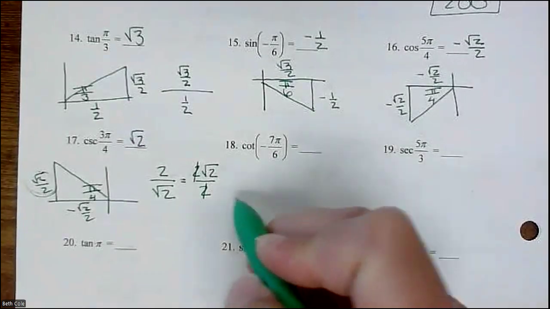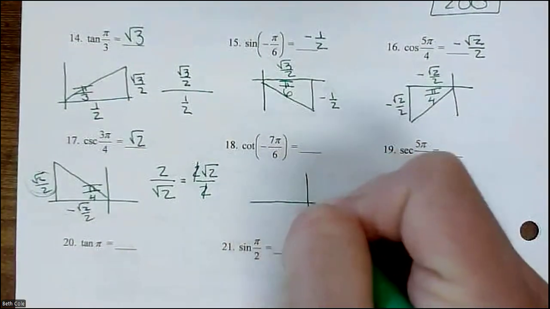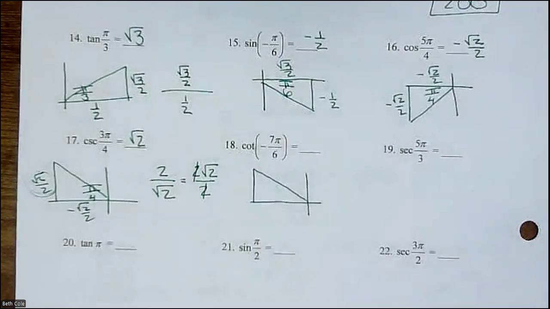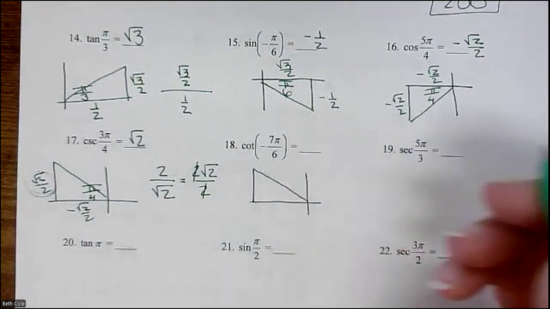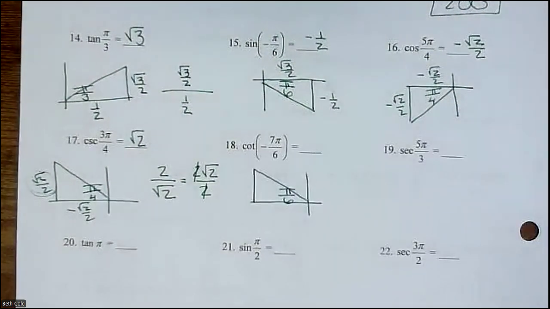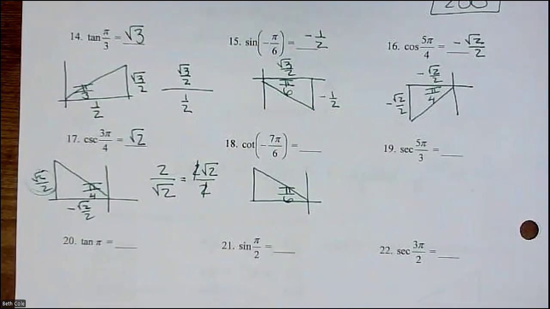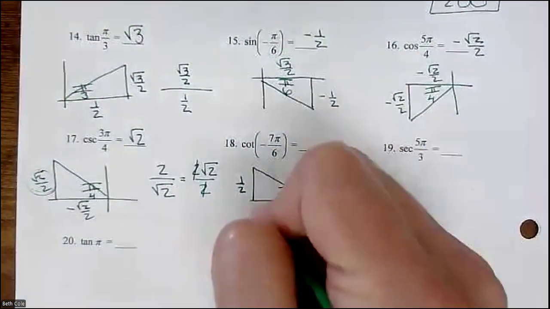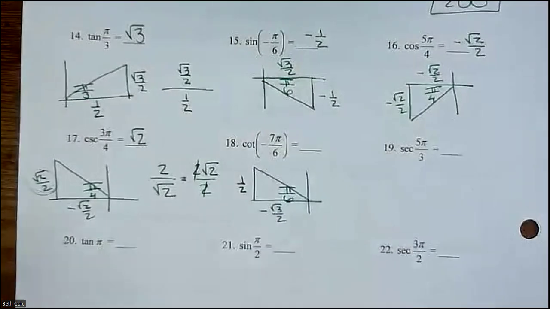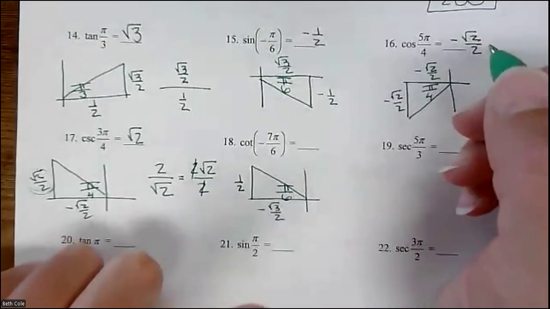All right, if you go backwards 7 pi over 6, that's going to put you in the second quadrant. You would go backwards 6/6 and then a little further. So your reference angle is pi over 6. Across from that, 1/2. And so the other side is square root of 3 over 2, but it's negative. And it says cotangent. So cotangent is what over what?